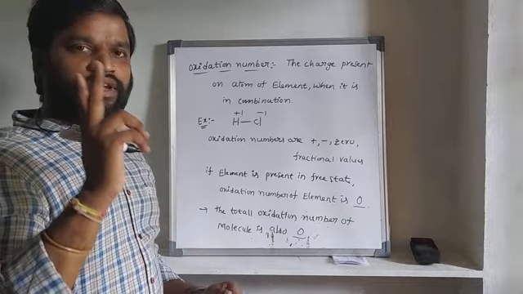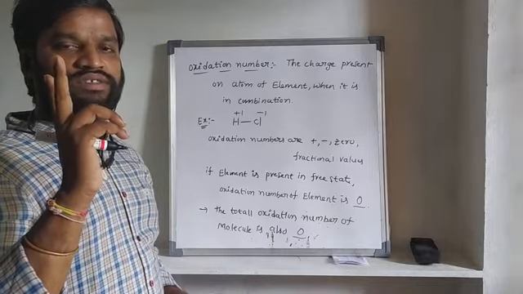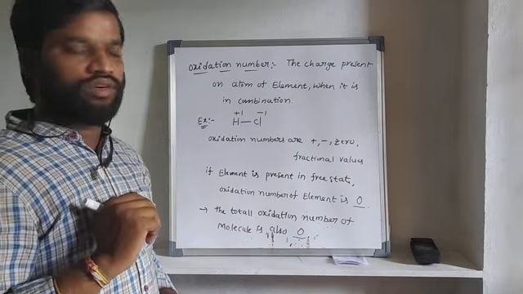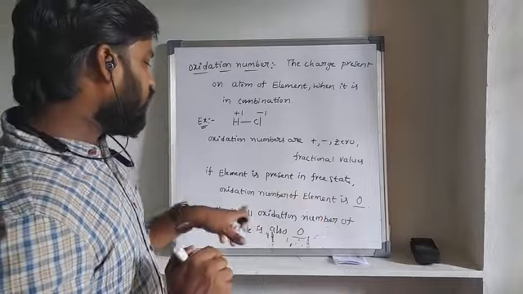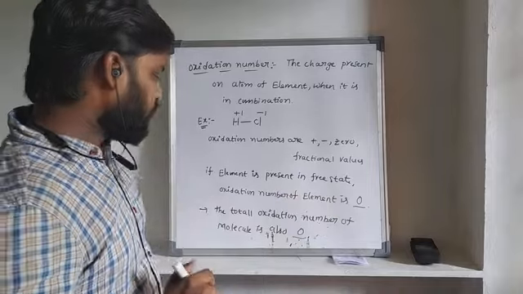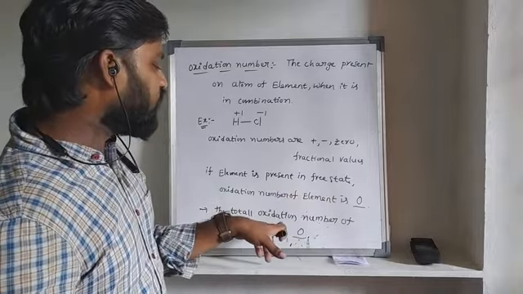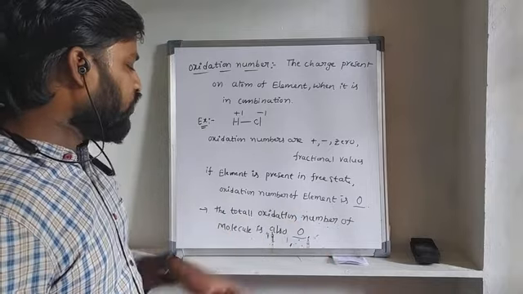In two cases, oxidation number of elements is 0. In first case, element is present in the free state, then the oxidation state of element is 0. And second case, the total oxidation number of a molecule is also 0.